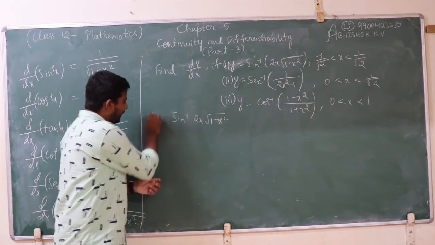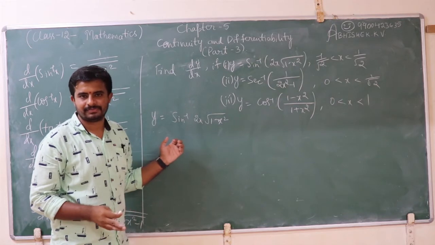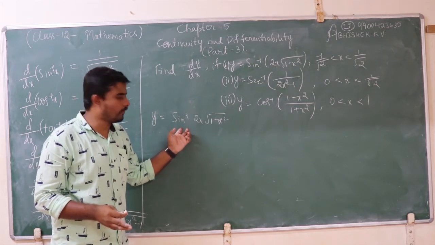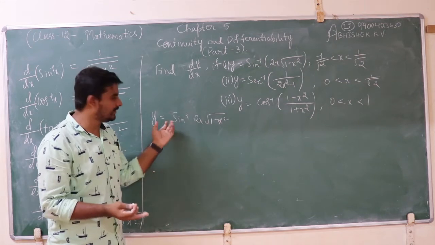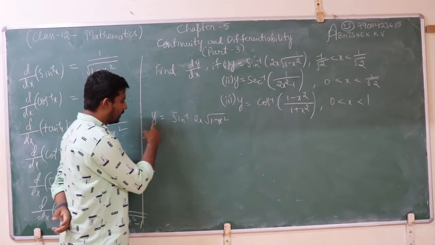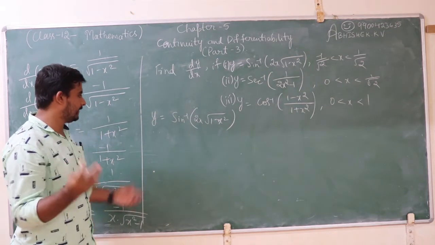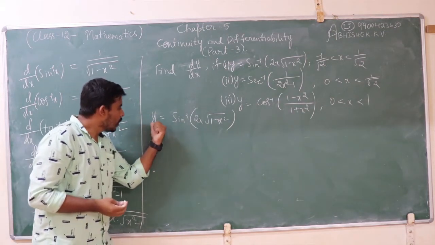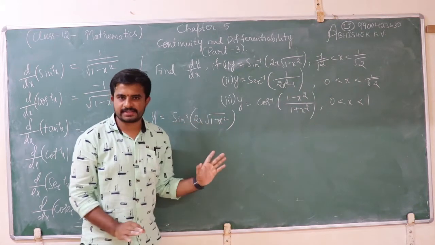We already did this problem in chapter 2. This is by simplifying this function. How can we get the result? First, here I am going to give one clarification. See, y is equal to sin inverse of 2x into square root of 1 minus x square.